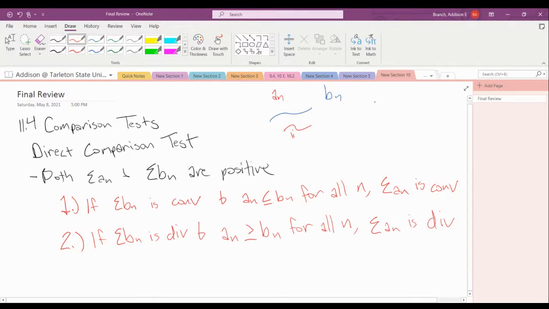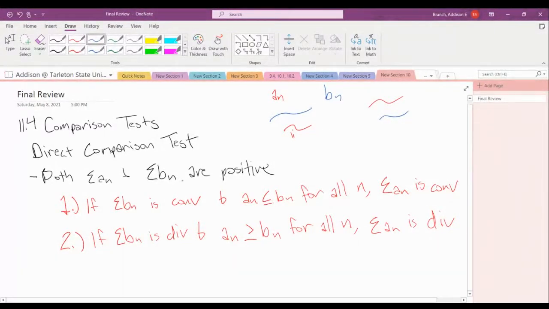But if A is bigger than B, and we know B is infinite, then A also has to be infinite, a bigger infinity. The main thing is to make sure you don't get them confused.